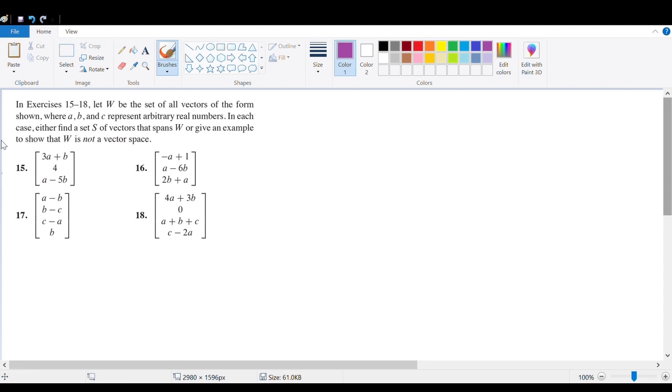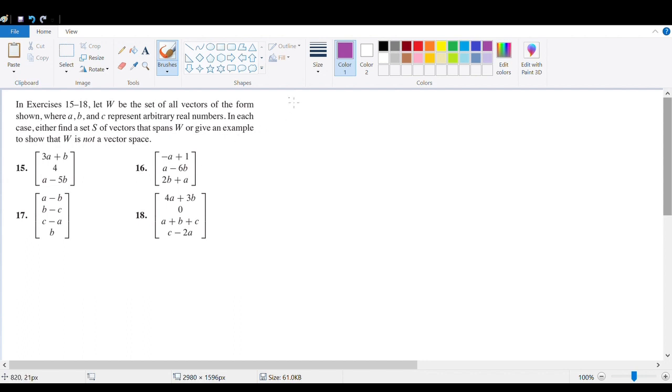In 15 to 18, let W be the set of all vectors of the form shown, where A, B, and C represent arbitrary real numbers. In each case, either find a set S of vectors that spans W, or give an example to show that W is not a vector space.